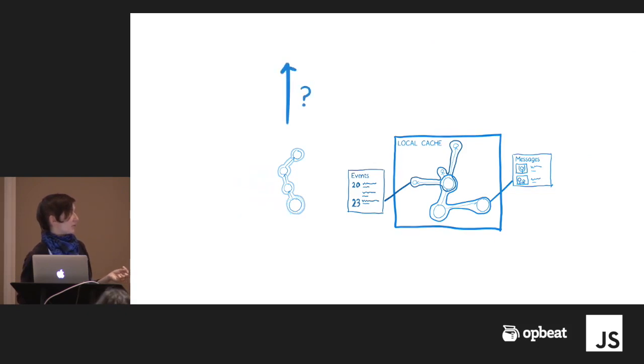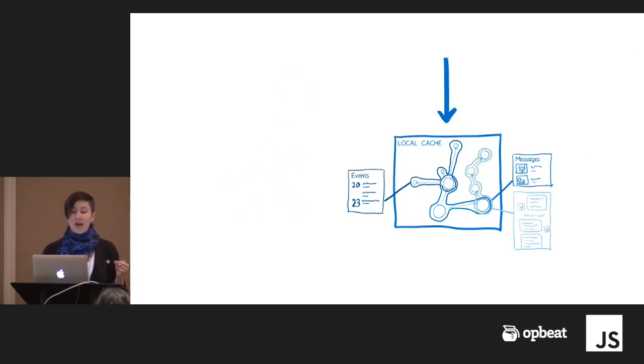So Relay will just take out the bits of data that you have in your local cache, push up the query, and then when that comes down, it'll merge it into the graph, send it out to the component. And it doesn't just do this for data that you have in your local cache. It keeps track of pending queries and what parts of the graph those are pulling down. So queries that have gone off to the server but haven't come back yet. And it will remove those from the outgoing queries too.